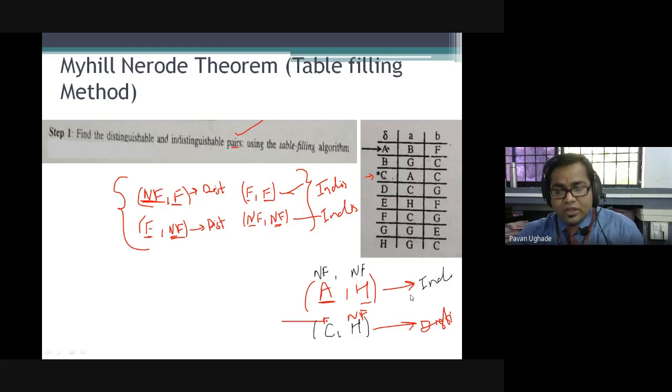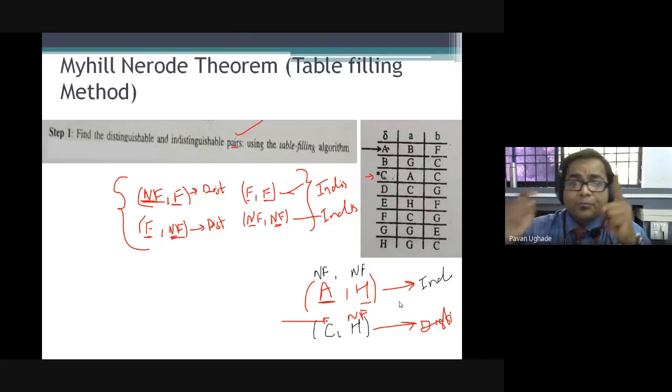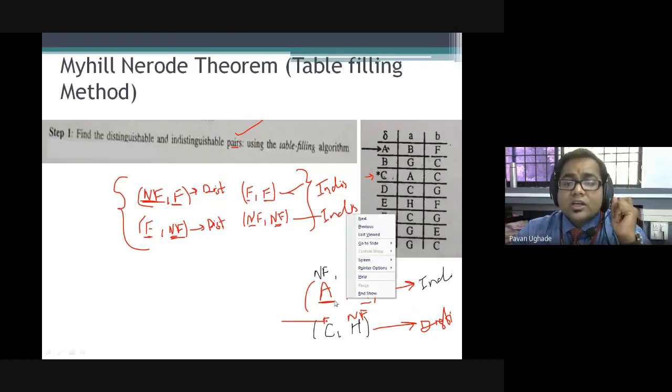Now I'm making a very important point. See, we are going to check equivalence states. To minimize the automata, we require to find out equivalence states. That is our step 2, step 3. We'll be checking the equivalence states. Equivalence is possible only in indistinguishable states.